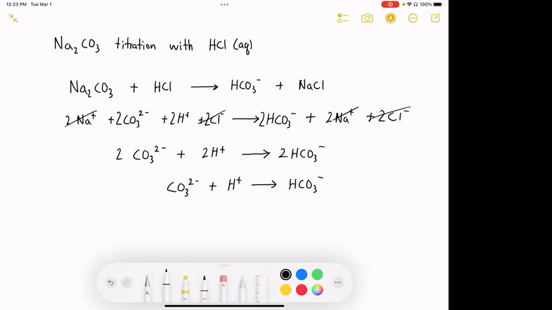But the sodium chloride, I think we could omit it because they're spectator ions. So we times 2 here. So that's the balanced chemical reaction, right? The carbonate is reacting with the acid. So we can say that this is our equation right here.